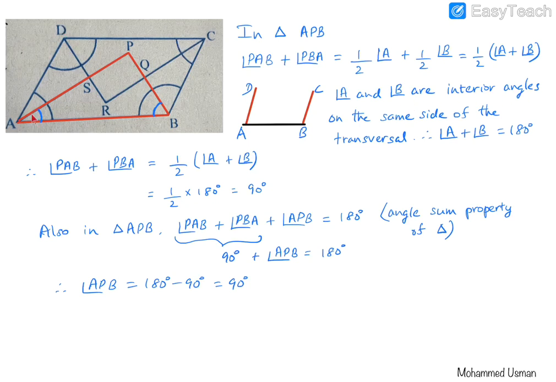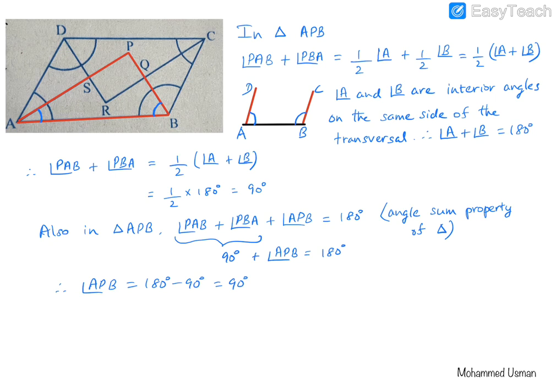So if we consider the lines AD and BC as parallel lines intersected by the transversal AB, then we have angle A and angle B as interior angles on the same side of the transversal, and we know from the property of interior angles on the same side of the transversal that these add up to 180 degrees. So we have angle A plus B is 180 degrees, so we substitute that in here and we get that angle PAB plus angle PBA, which is this angle in blue plus this angle in blue, is equal to 90 degrees.